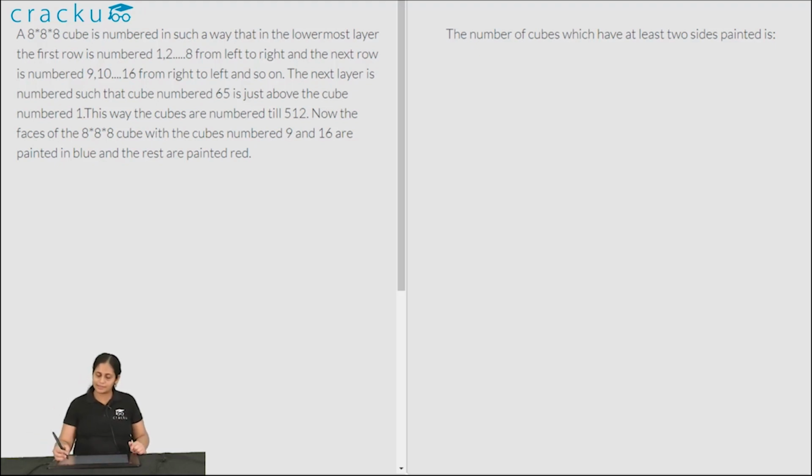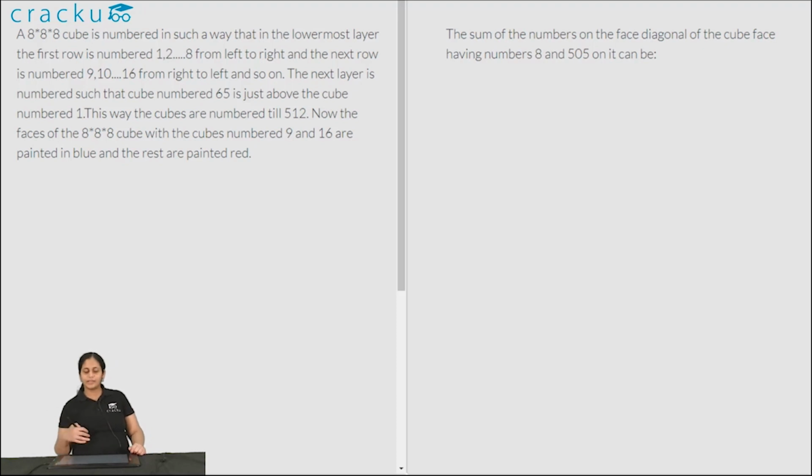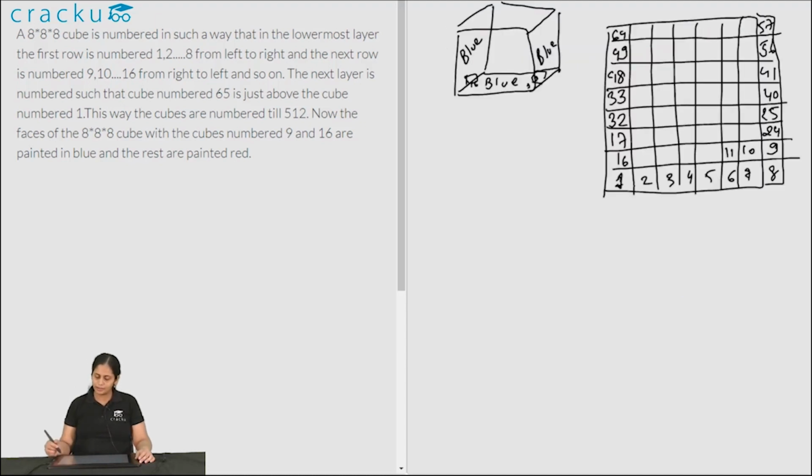For solving the entire set, firstly I will do what is needed to solve the first question, the sum of the numbers on the face diagonal of the cube face having 8 and 505. So where will this face diagonal be exactly? This 8 is over here, and where would 505 be? The next level is basically 65.